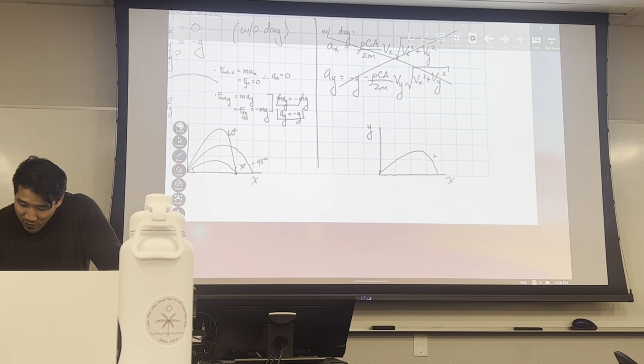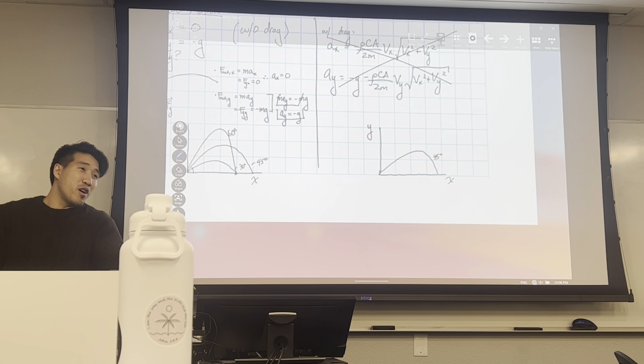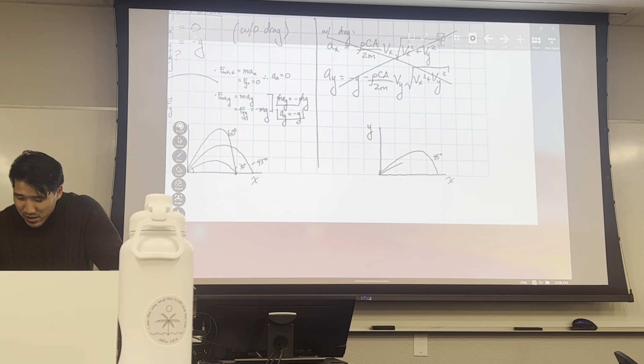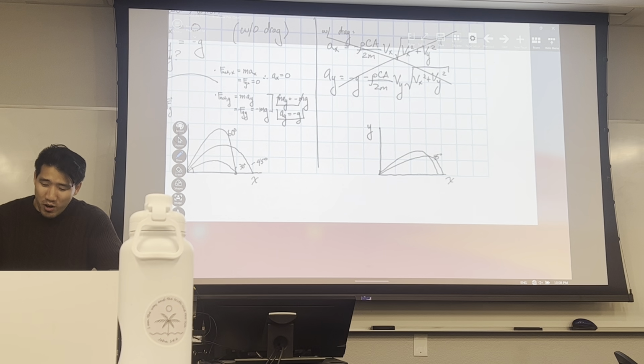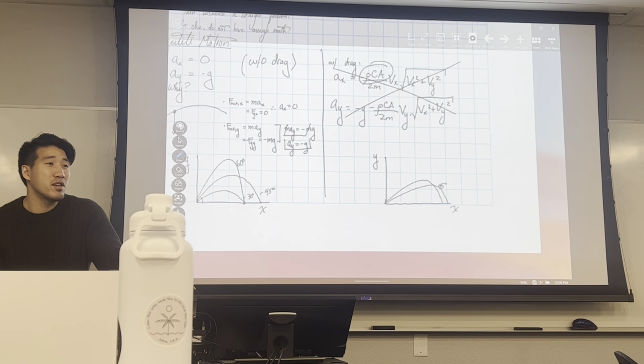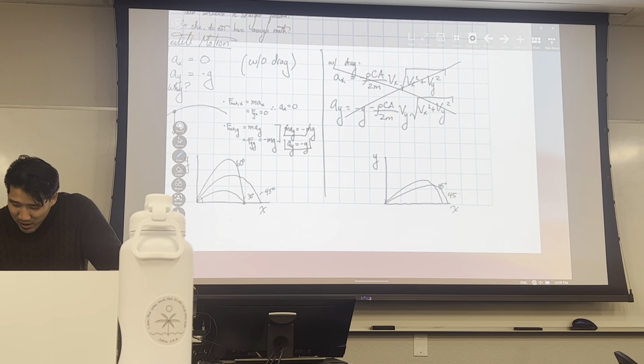If this is 45 degrees, if you throw it slightly lower, you will surpass that 45-degree mark. But how much lower ultimately depends on some of these parameters. So this will have to be 45 minus some angle theta.